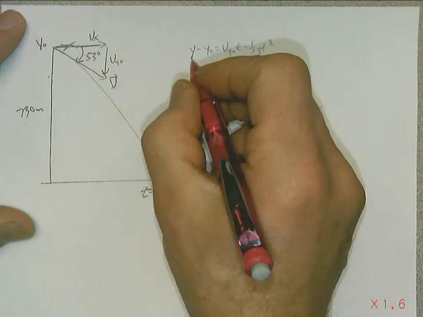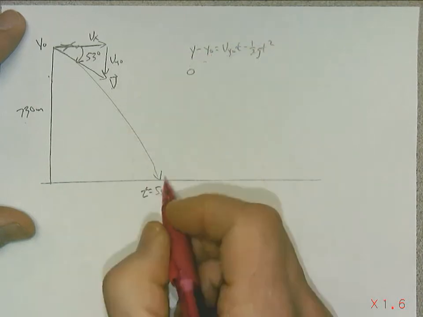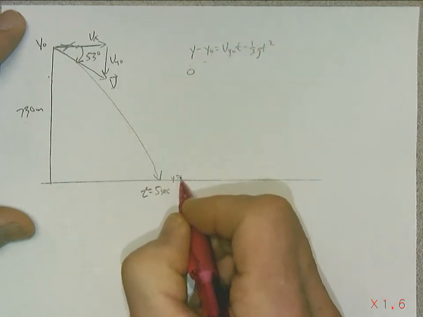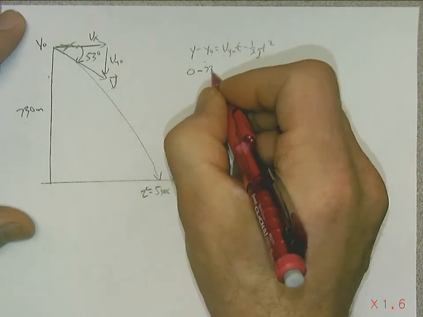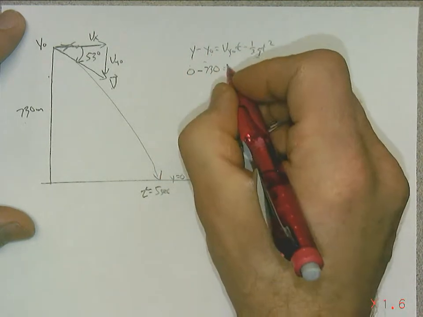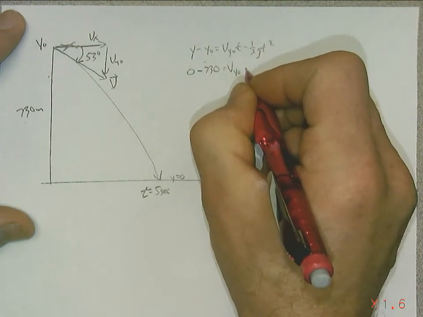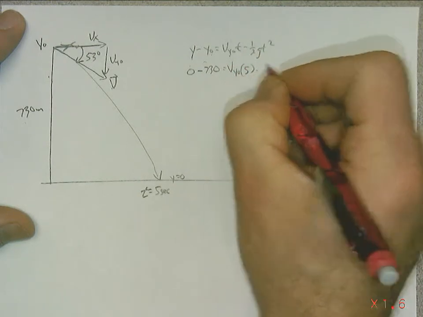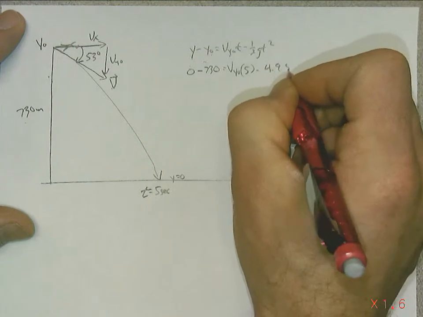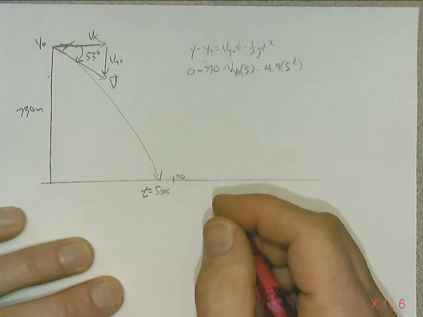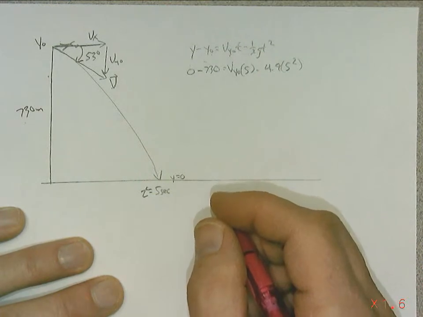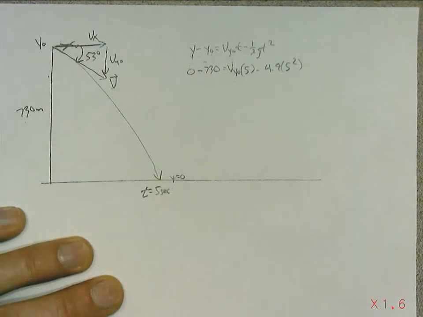So basically it looks like this. It ends at 0. y is equal to 0 here. Minus 730 is equal to Vy0 times 5 minus 4.9 times 5 squared. And so we are then going to be able to solve for Vy0.